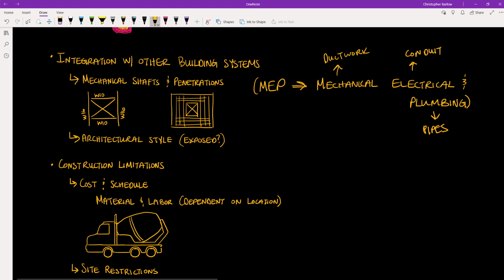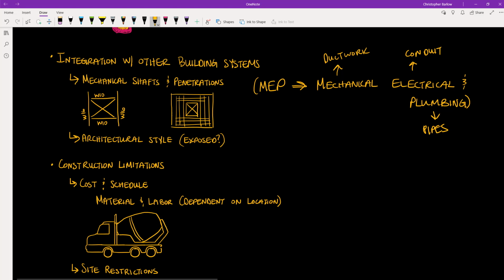And often the parts that these systems puncture will be structural elements. And you can see here I've given examples of two plan views where with structural steel we can easily frame around the penetration in the floor slab with some supplemental beams.